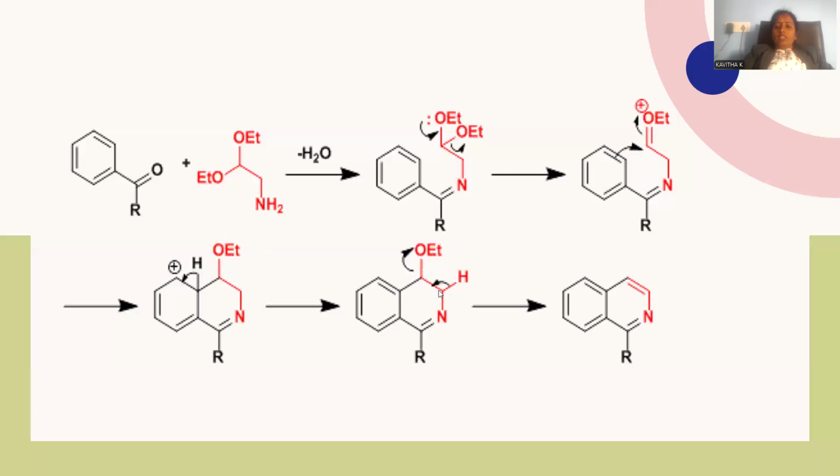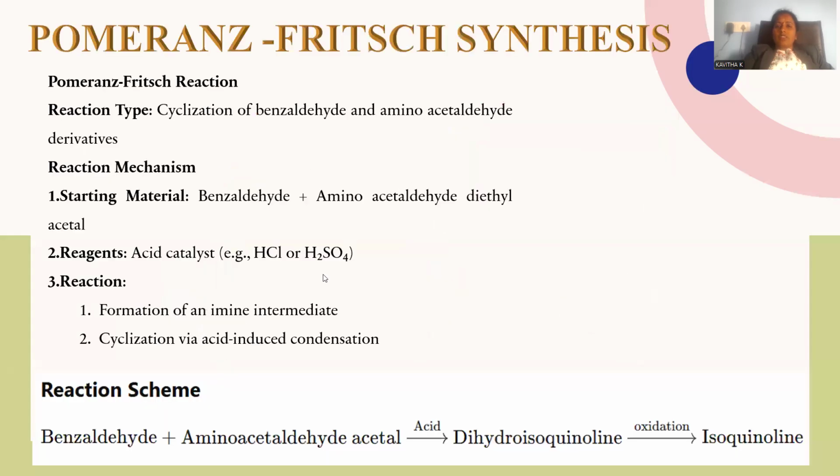In order to achieve this pi bond, to restore the aromaticity among the position 3 and 4, we need to remove hydrogen from the position number 3 and ethoxy from the position number 4, so that the new double bond originates by the departure of ethanol as the byproduct. This is the way a very simple, systematic route map is provided in order to synthesize isoquinoline by means of Pomeranz-Fritsch synthesis.